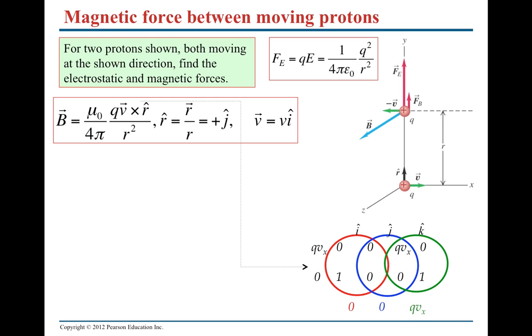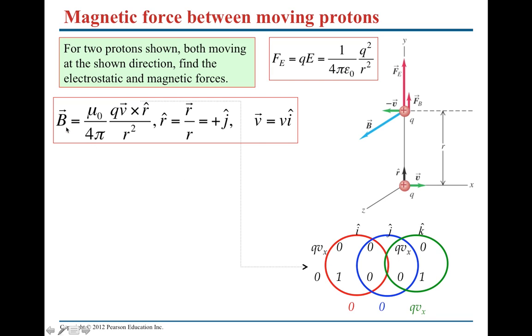So if I do that, I have QVx along the x, that's this, and then 0, 0, and then I repeat the first two, and the r hat is along j hat, so 0, 1, 0, and then I repeat the first two. When I do my cross product, this will give me 0, and the j hat again will give me 0, and the k hat will give me QVx.